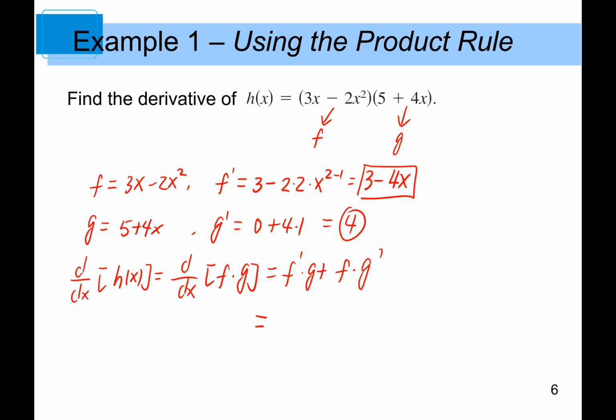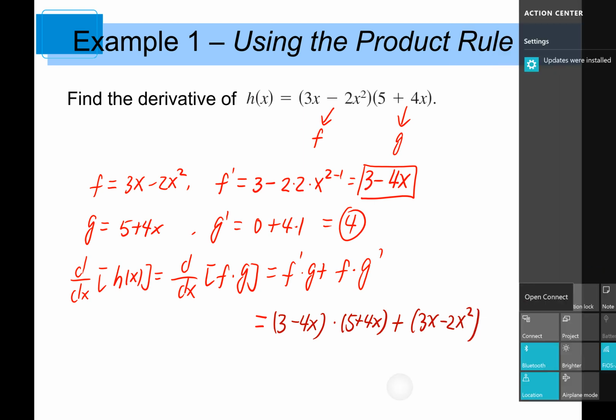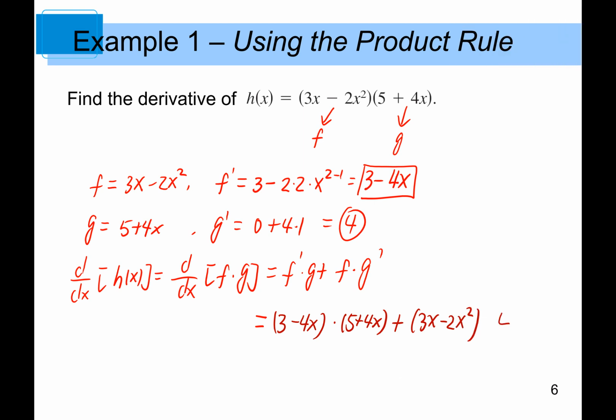So it's going to be f prime, which is 3 minus 4x, times g, which is 5 plus 4x, plus f, which is 3x minus 2x squared, times g prime, which is just 4. Then we just distribute and combine like terms.